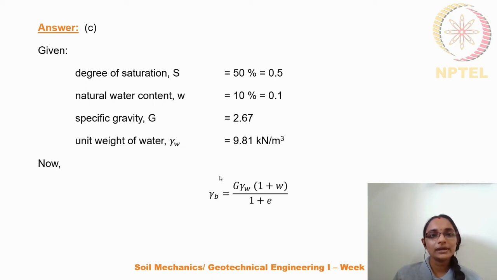Now, when the soil sample becomes dry, we have dry unit weight. That means water content w is 0. So, this equation becomes gamma d is equal to G gamma w by (1 plus e). Gamma d, dry unit weight, is equal to G gamma w by (1 plus e).